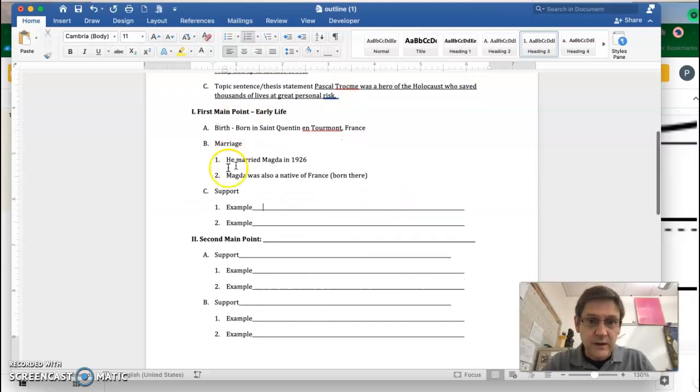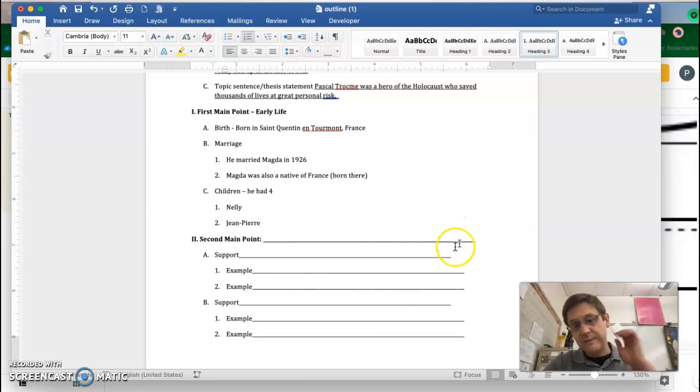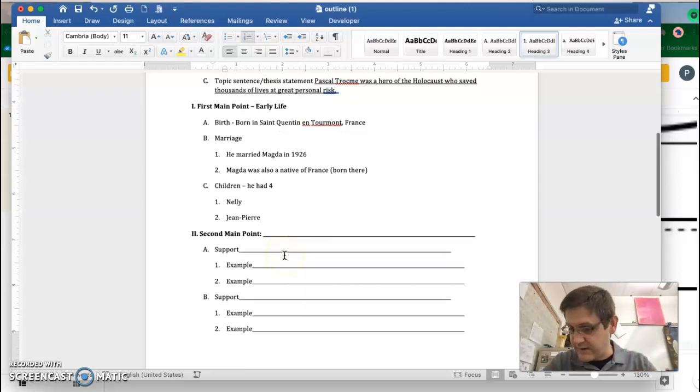Okay, so there we go. Now we have a proper outline here. My third point might be his children, and I might say he had 4. And my first point would be Nelly, and my second point would be Jean-Pierre. It's another one of his children. Of course, I would go on with that, but I don't need to right now.